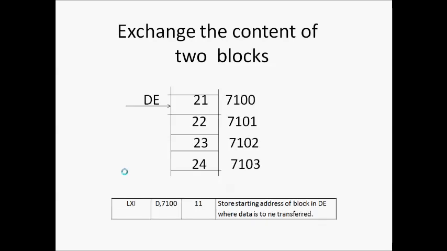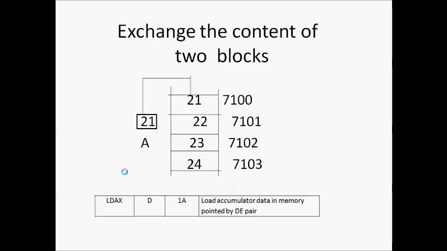The DE pair points to 21, 22, 23 and 24 at memory addresses 7100, 7101, 7102 and 7103 respectively.